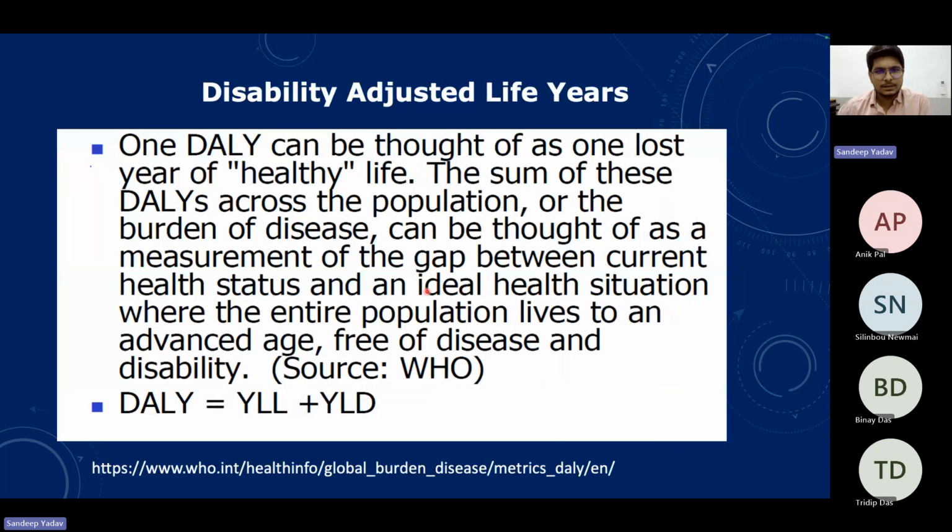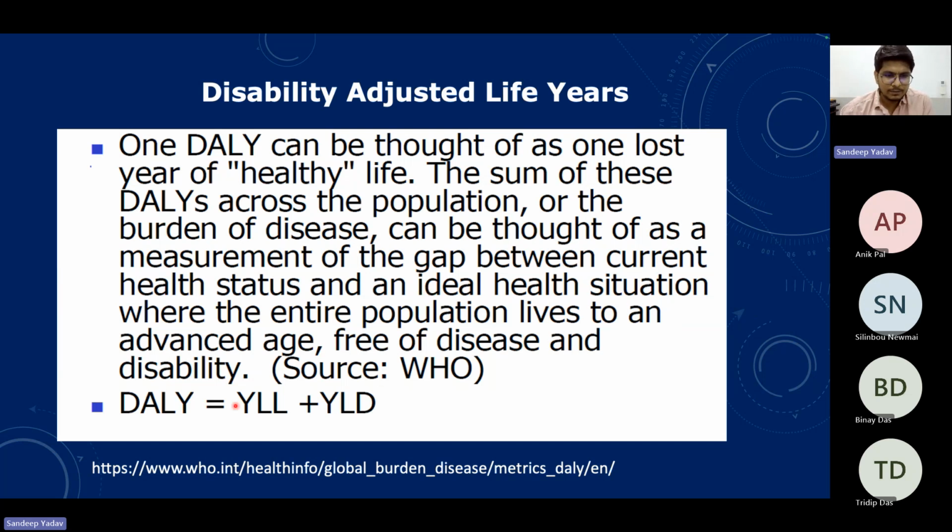One thing left is the disability adjusted life years, which we covered in lecture number 2 or 3. One DALY can be thought of as one lost year of healthy life. The sum of DALYs across the population, or the burden of disease, can be thought of as a measurement of the gap between the current health status and the ideal health situation where the entire population lives to an advanced age, free of disease and disability.